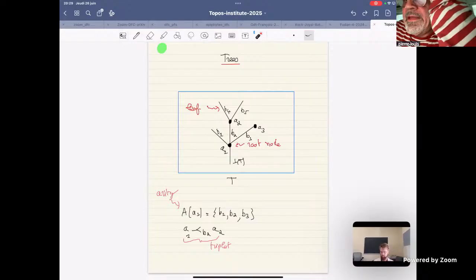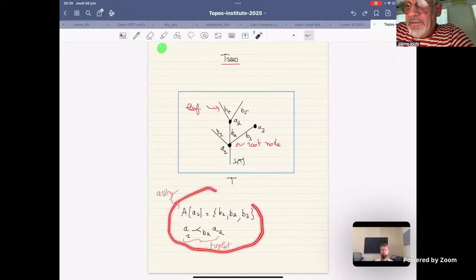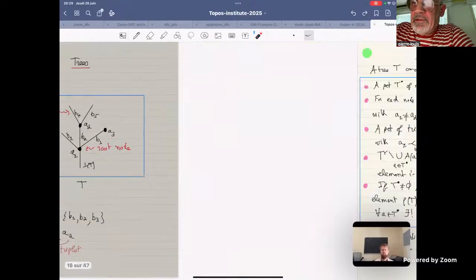So, for example, the arity of A1 is made of these B1, B2, and B3. And also, we have this kind of atomic description of trees, which is very convenient for what we are doing. We write edges in this form, and we call them triplets. So, for example, to describe this edge here, we say that we have a triplet saying that A1 receives A2 along B2. Okay, so you will see a lot of these notations in what follows.